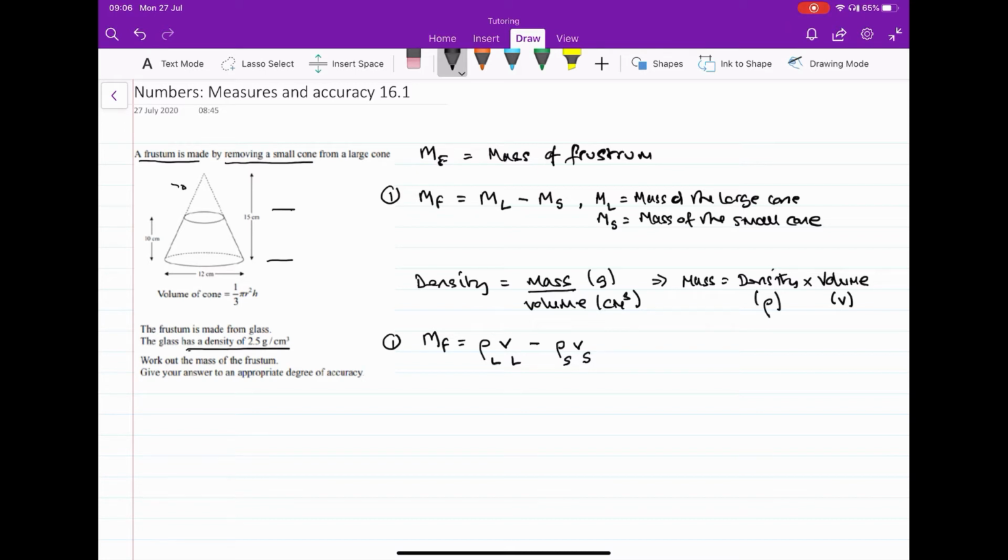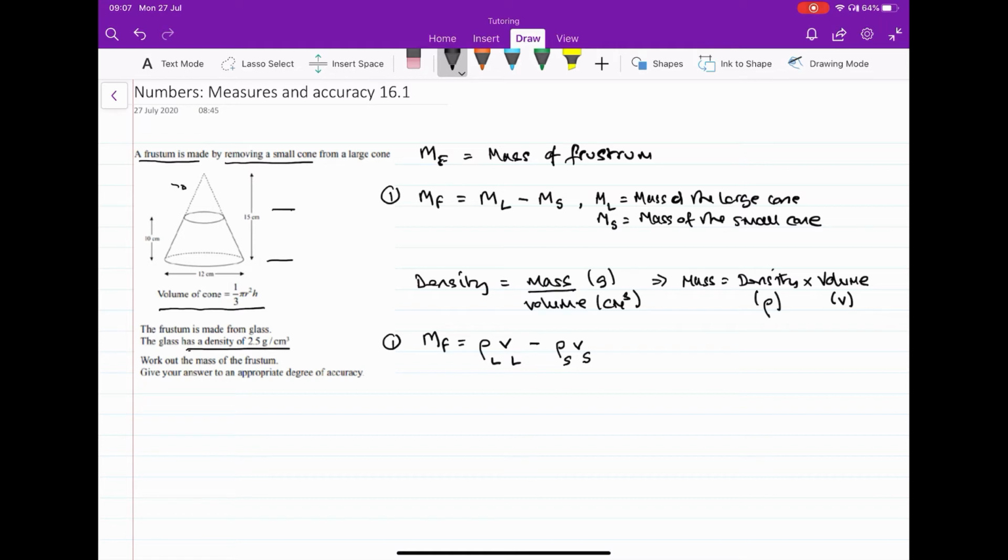So we now have to work out the volume. Well, they've been very kind here, because they've told us that the volume of the cone is 1/3 times pi times the radius of the cone squared times the height of the cone. Well, we have most of that information.